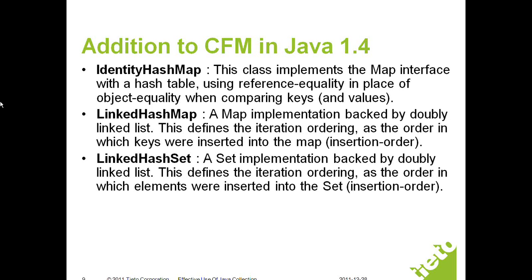It will give you the elements in the same order in which you have inserted them. When LinkedHashMap and LinkedHashSet preserve your insertion order, obviously it is adding a performance overhead as well.